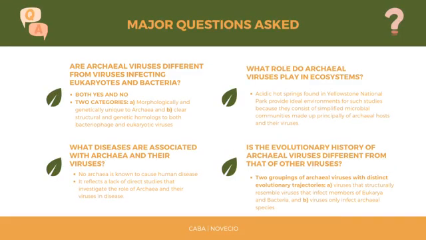So in this part, we're going to answer some major questions that are frequently asked about archaeal viruses. So the first is, are archaeal viruses different from viruses infecting eukaryotes and bacteria? The answer to this question is both yes and no. Known archaeal viruses can be roughly divided into two categories, those that are morphologically and genetically unique to archaea, and those with clear structural and genetic homologs to both bacteriophage and eukaryotic viruses.